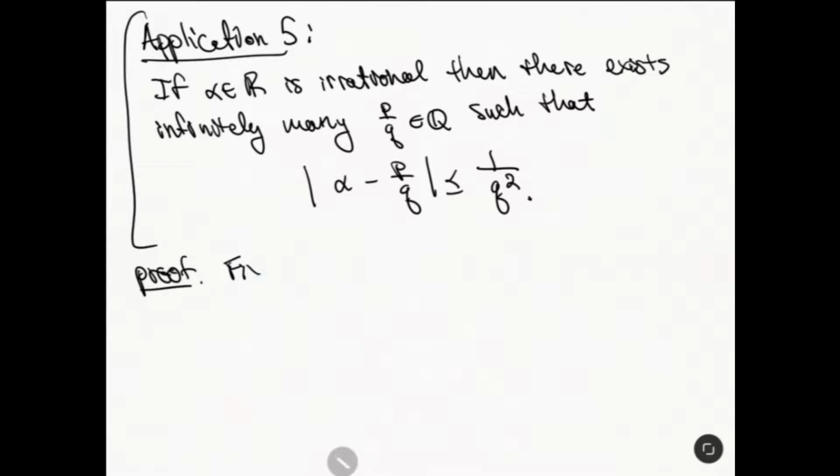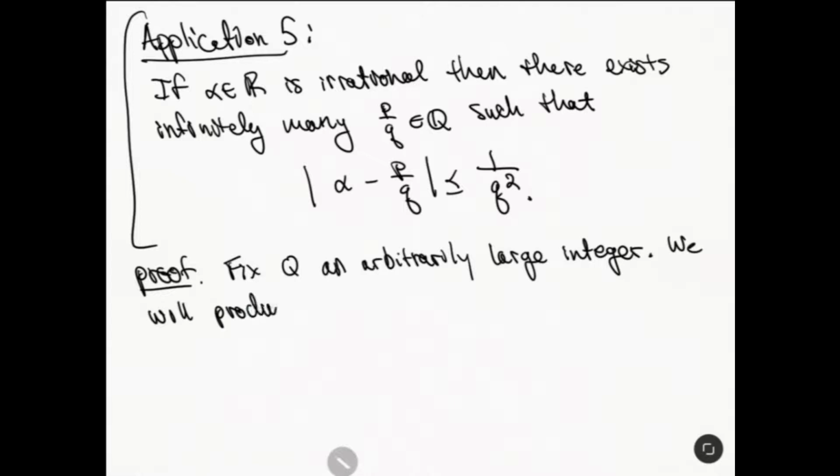We can fix Q to be an arbitrarily large integer, and we will produce some P over Q such that alpha minus P over Q will be less than 1 over Q. This is where the infinitely many part comes in, because I'm going to start with this Q and I can modify this Q if I want. But anyway, let me show you how to do this.